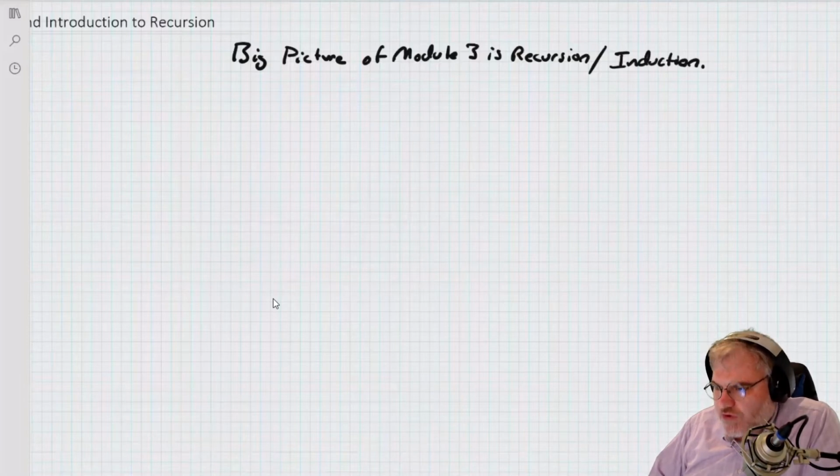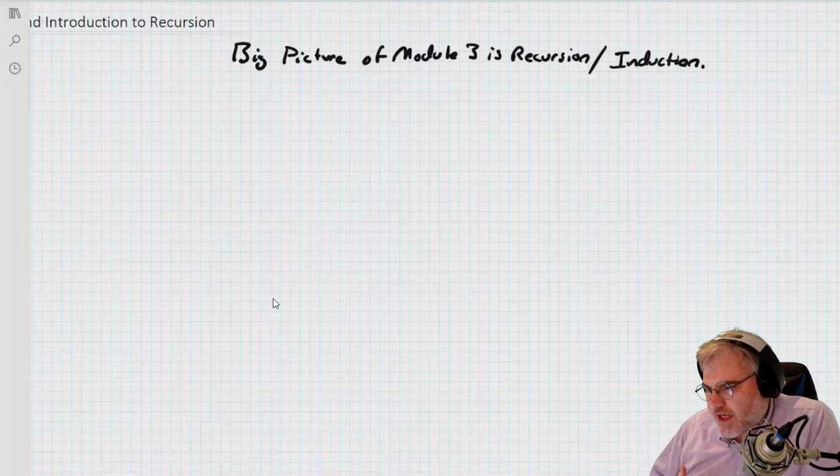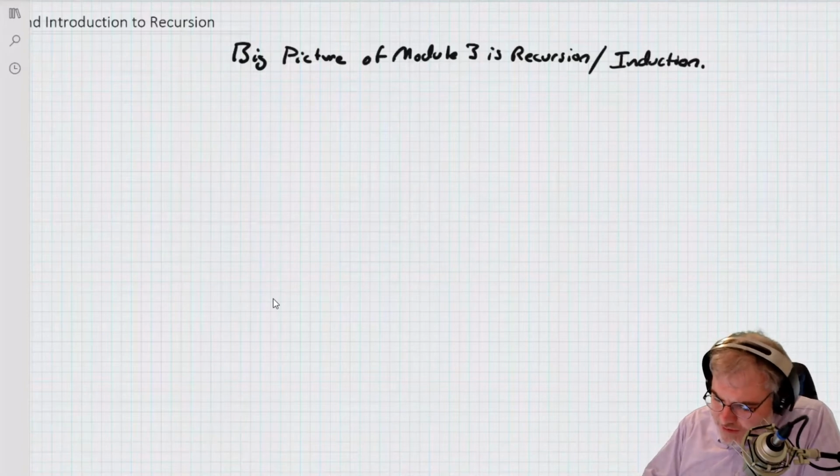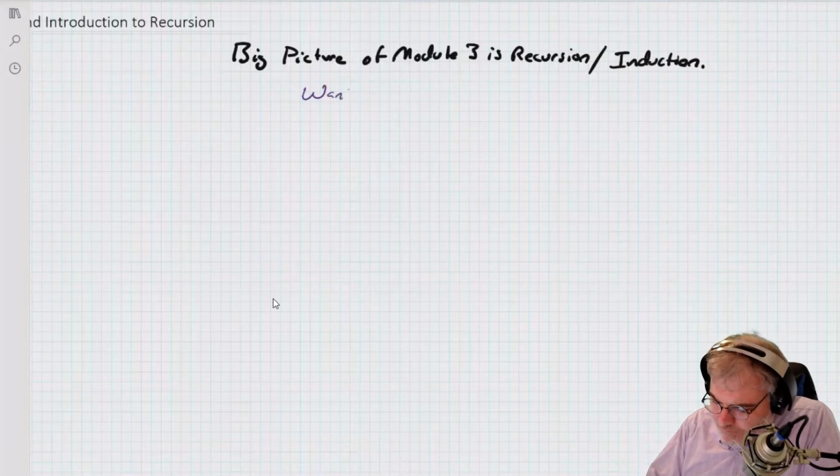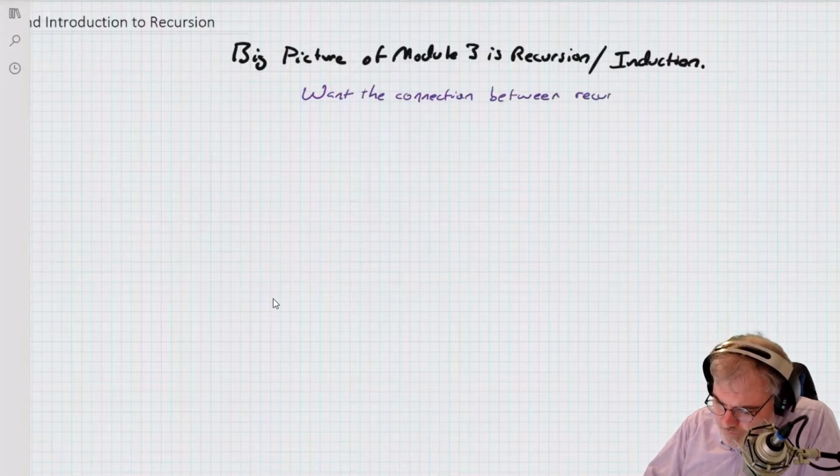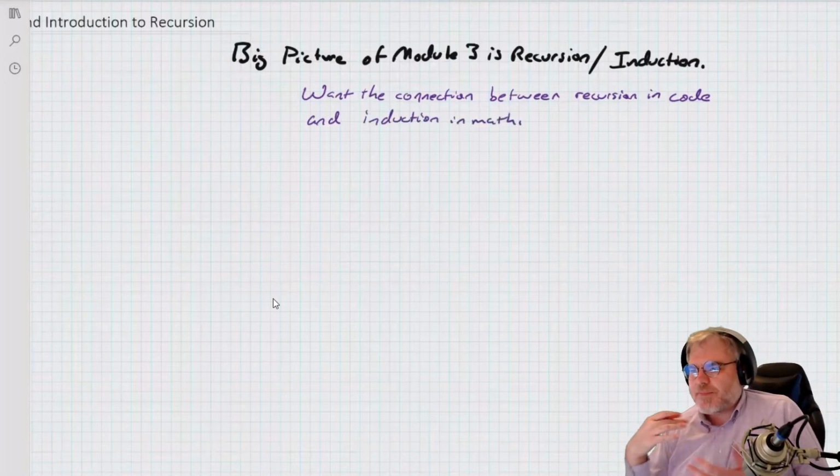We want to be able to prove things that are recursive relationships, and we want to be able to go down into stuff and pull up. The big theme is that we want the connection between recursion in code and induction in math.